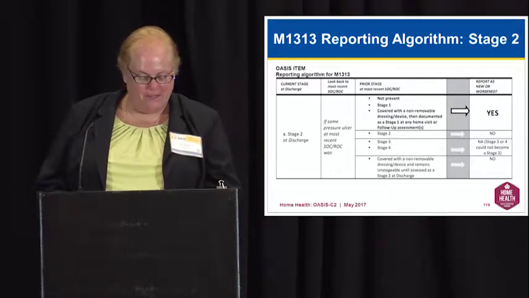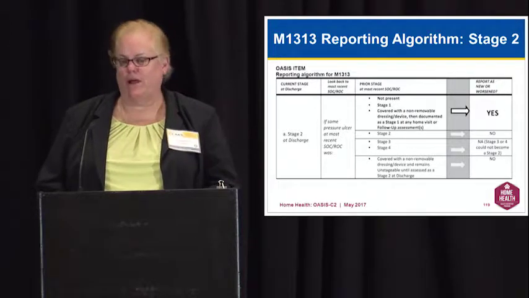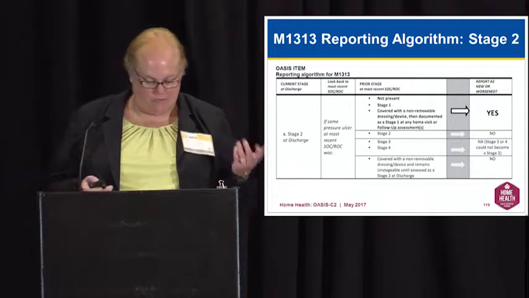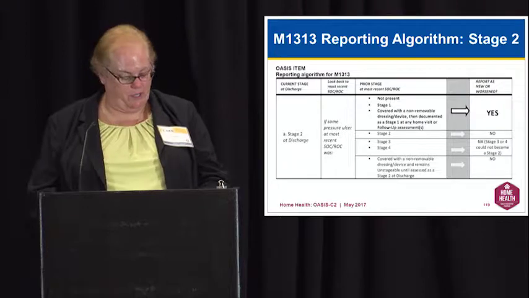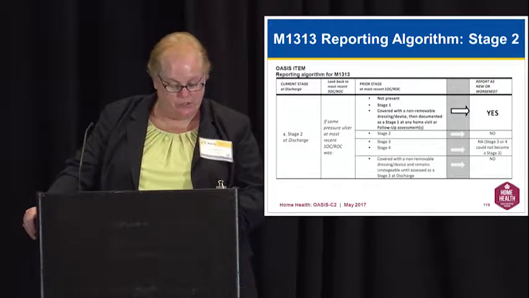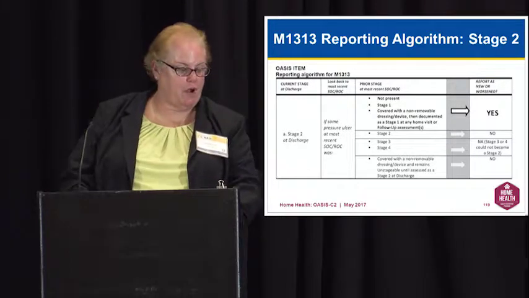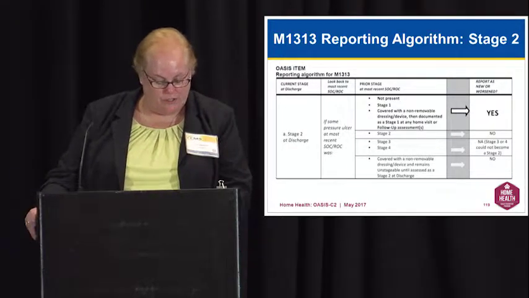These are algorithms that can walk you through. We actually found a couple of arrows that we thought should be added to these, so we've made those recommendations. If you're trying to read these, in the far left you have a stage 2 at discharge, so this is the current stage at discharge. Then you look back to the most recent SOC/ROC: if it's the same pressure ulcer, you go to the third column, which is the prior stage at the most recent SOC/ROC.